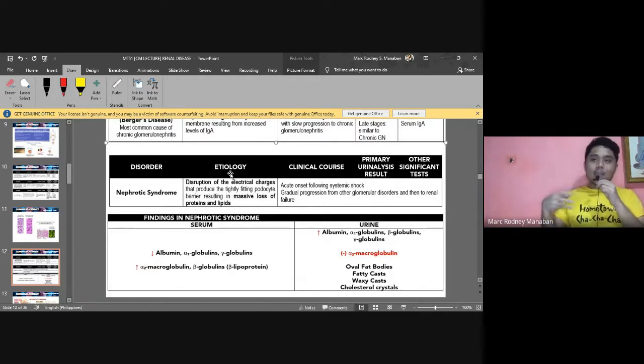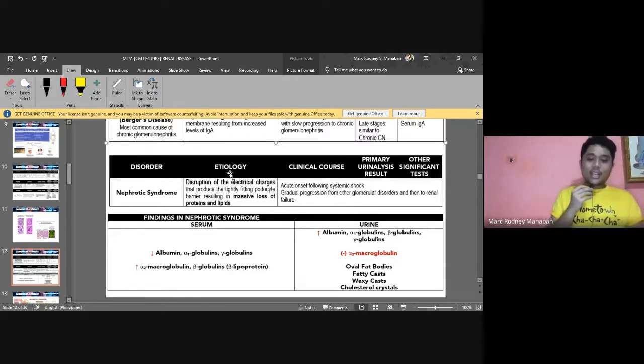So therefore, since there is a lot of protein in your urine, in the serum we expect low levels. Low levels of albumin, the alpha-1 globulins, and of course, the gamma globulins. Because these are usually the low molecular weight proteins which can easily pass through the glomerulus. Alright? So, hypoalbuminemia. Your albumin levels in the blood are low because the majority is excreted in the urine.